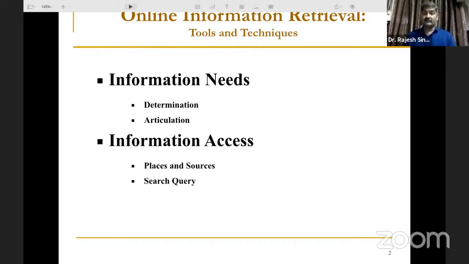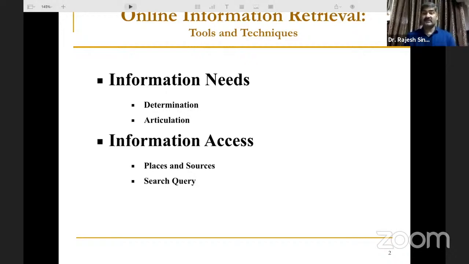When I talk about information need, I simply mean that the seeker of information should be in a position to determine what exactly he or she is looking for, and should be able to articulate the same information requirement in a precise and relevant way to the search engine where he or she is looking for the information. Then information access is there.